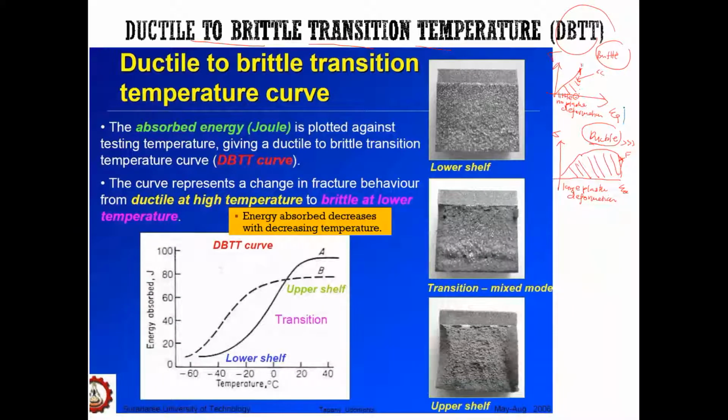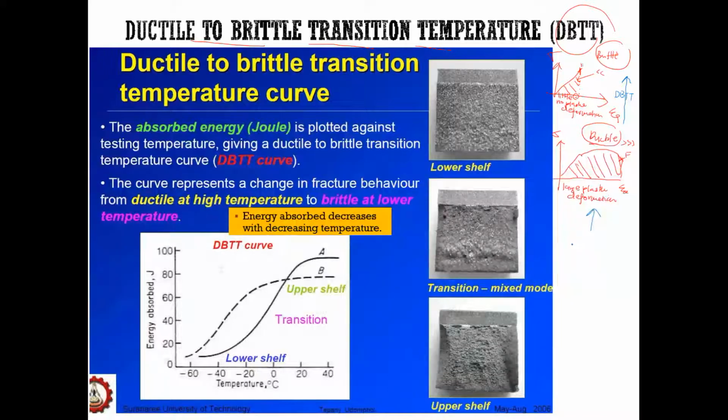So there's some transition from ductile to brittle materials. We call it DBTT, ductile to brittle transition temperature. So how does this happen? How are we going to study this phenomenon?